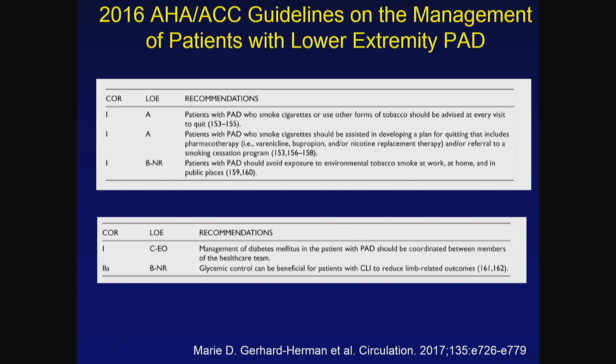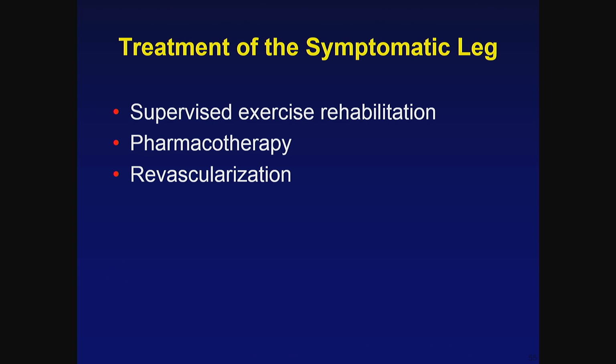Furthermore, the guidelines urge discussion and consideration of smoking cessation, as well as management of diabetes mellitus with glycemic control, which is primarily beneficial in patients with critical limb ischemia, aimed to reduce limb-related outcomes rather than cardiac or cerebrovascular morbidity and mortality.